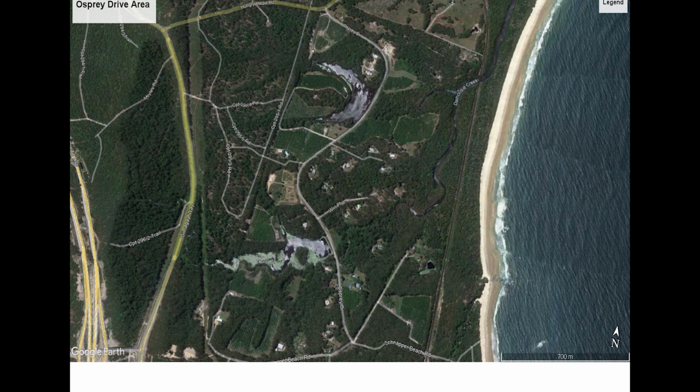So this is just an aerial view of Osprey Drive, as I was asked to talk about it. The issue along Osprey Drive, with the 2 reservoirs and lakes there, is more one of stormwater runoff.